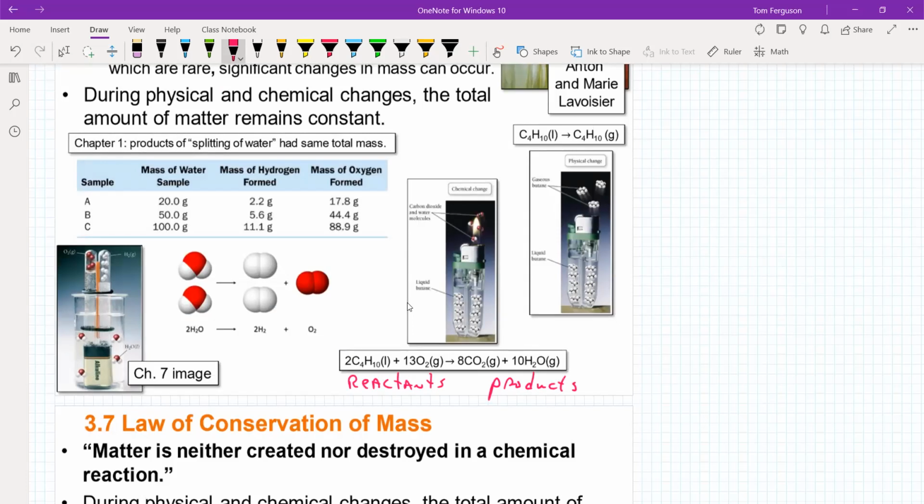Now, as we get into it, we're going to be looking a lot at these numbers up in front here. Those are called coefficients, and they have to be set up to conserve mass and conserve the number of atoms.